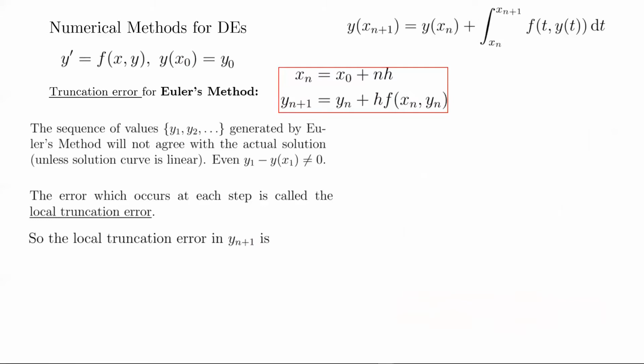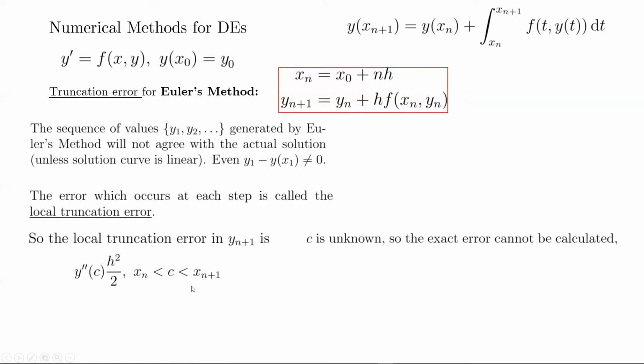The local truncation error in yn plus 1 after one step of Euler's method is this leftover bit, y double prime evaluated at C times the step size h squared over 2. C here is some value of x between xn and xn plus 1.